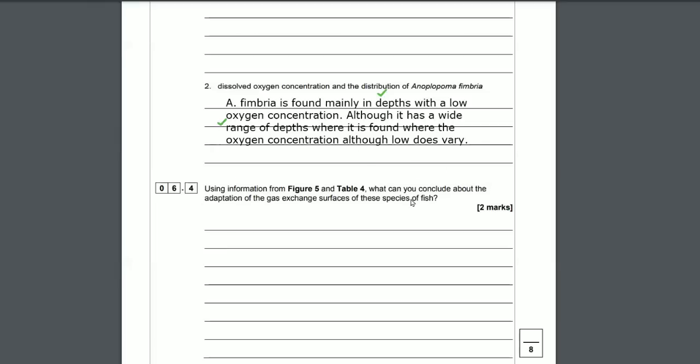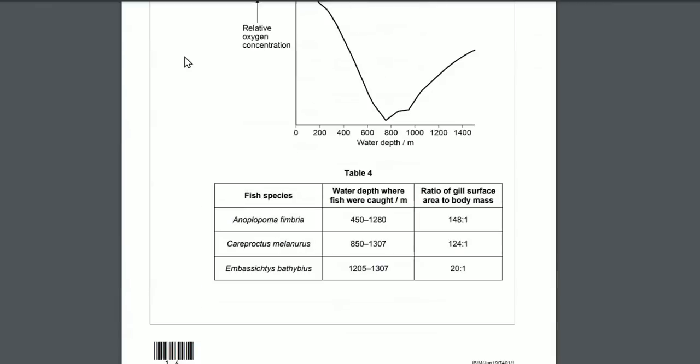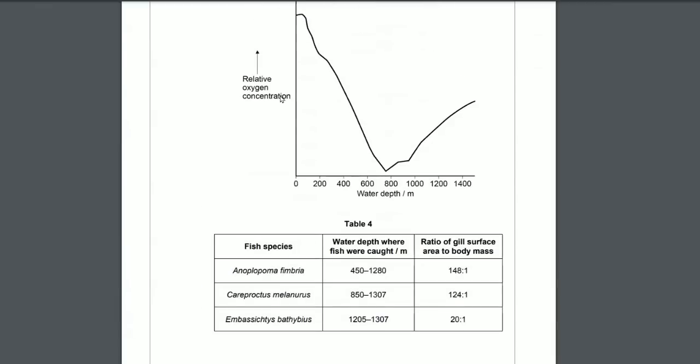Okay, 6.4, using information from Figure 5 and Table 4, what can you conclude about the adaptation of the gas exchange surfaces of these species of fish? So the conclusion we can make here is the fish that operate at the low depths seem to have a large gill surface to body mass ratio. So obviously that would make sense, right? There's less oxygen in the water.